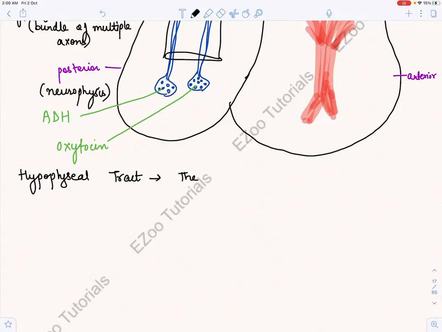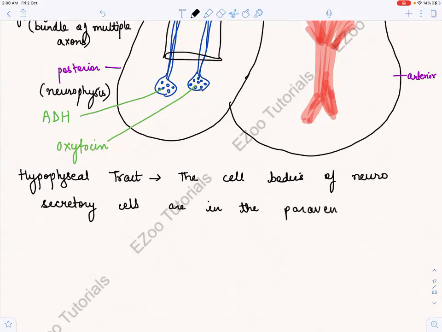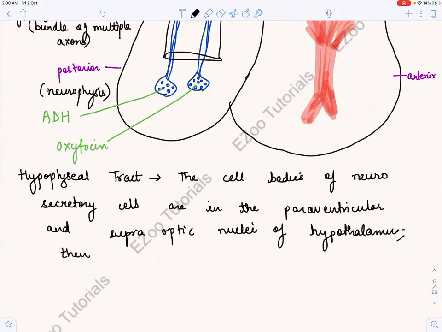So the cell bodies of neurosecretory cells are in the paraventricular and supraoptic nuclei of the hypothalamus, and their axons form this hypophyseal tract. So now you know what is a tract and what is a hypophyseal tract.